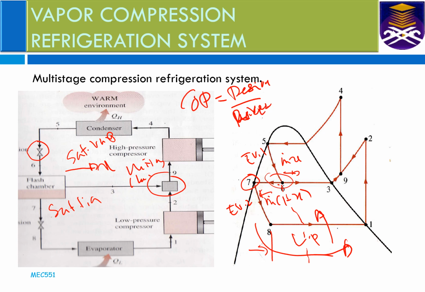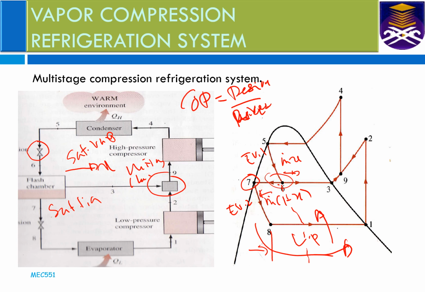If the amount of saturated liquid that goes into the low pressure evaporator is too small, it will reduce the coefficient of performance, because this effect is not going to be large.